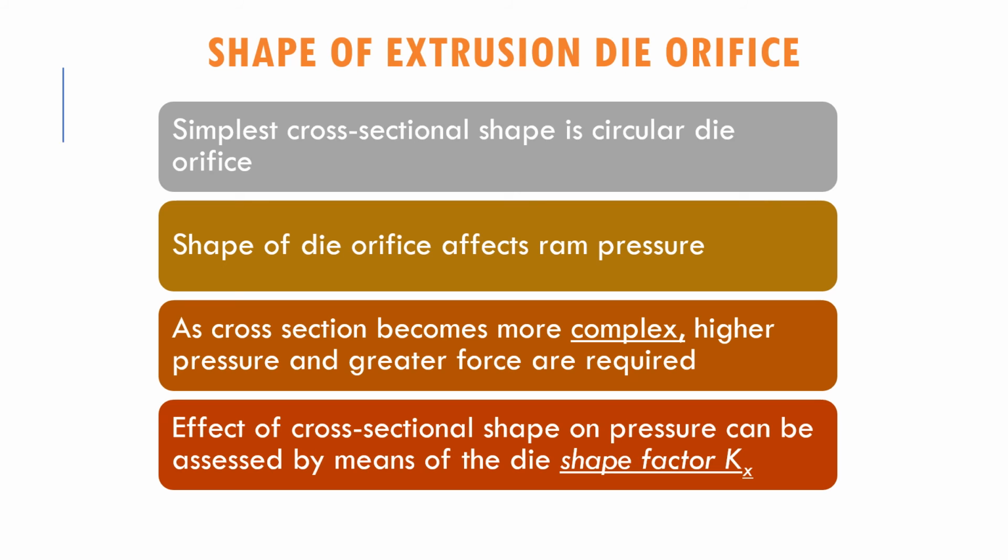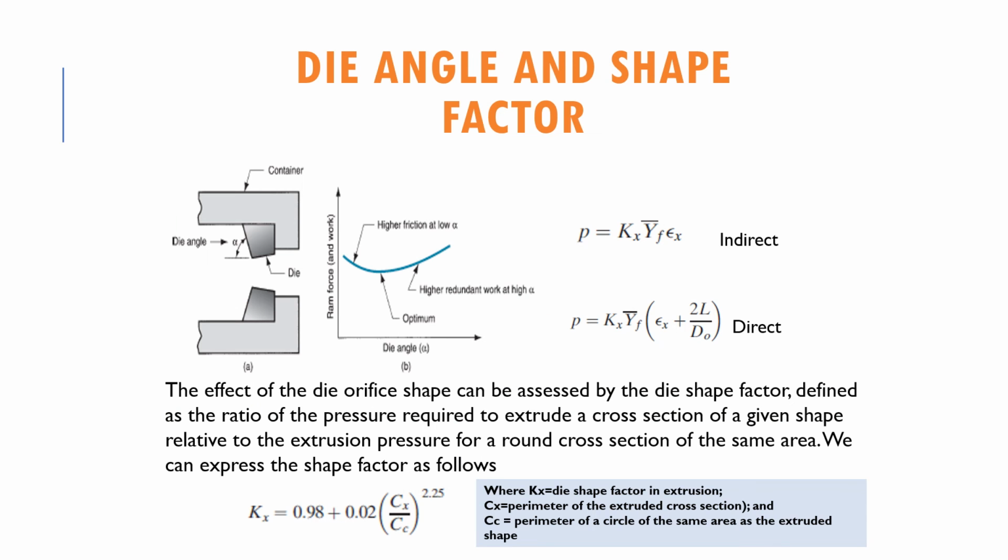So as the cross section becomes more complex, higher pressure and greater force are required, and the effect of cross-section shape on pressure can be assessed by means of the die shape factor Kx. For the calculation of the pressure P, we have to involve the shape factor Kx.